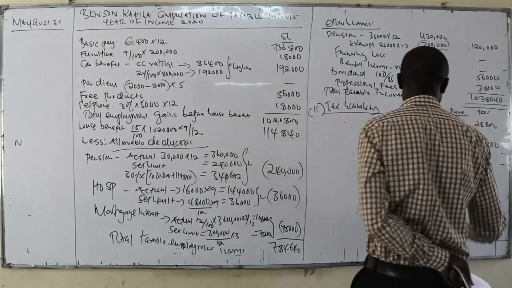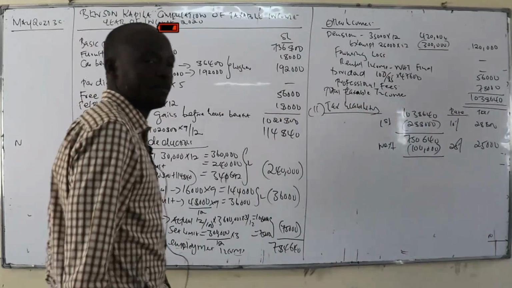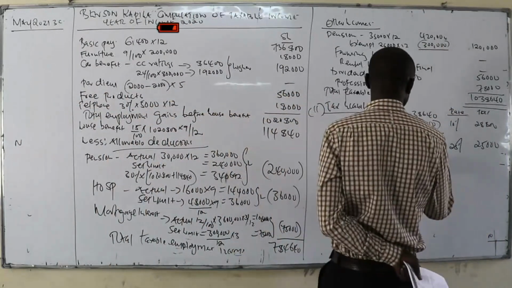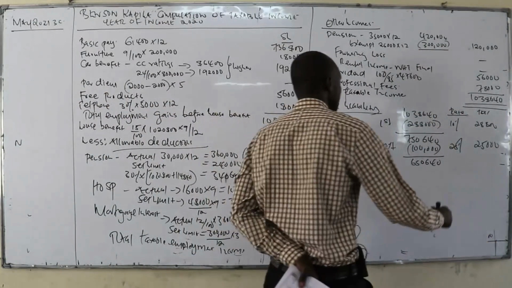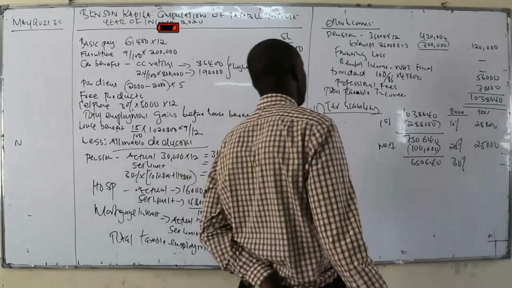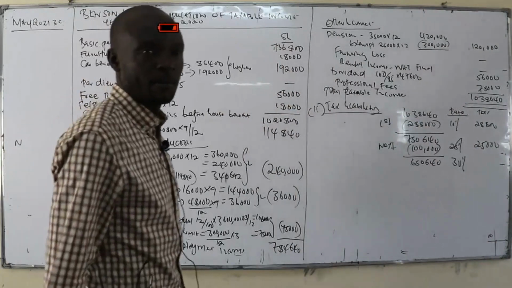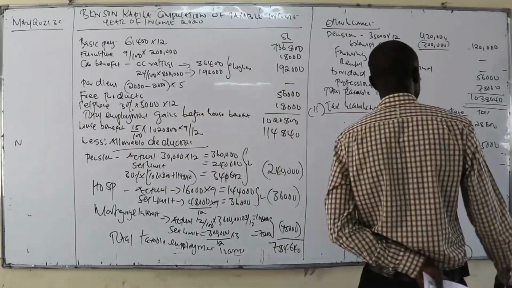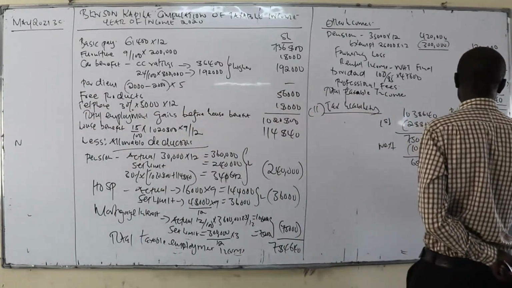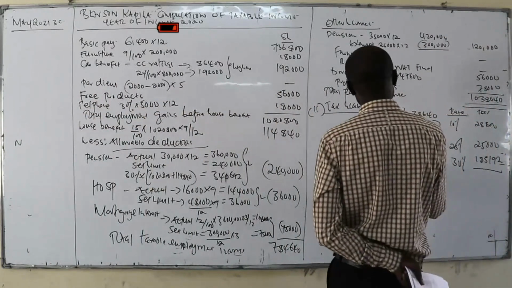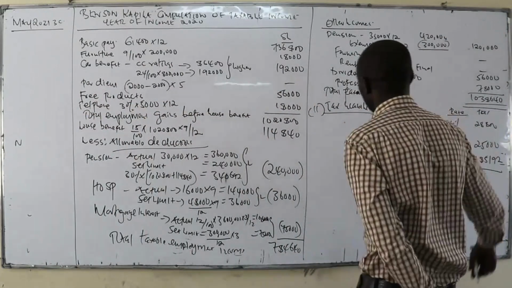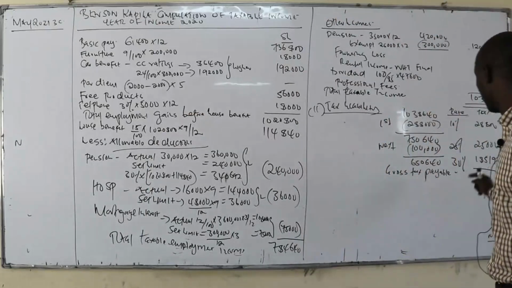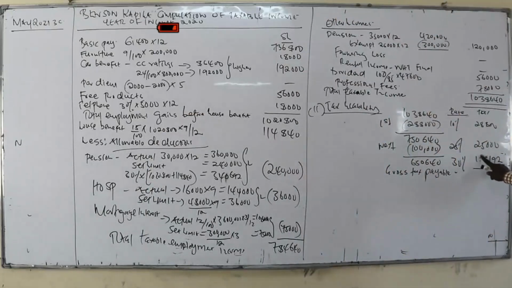So when you deduct this one, what do you get? 650,640. Even this one at 30%, what do you get? 195,192. And then you add all of them, you get the gross tax payable. Gross tax payable. So you add all of them.